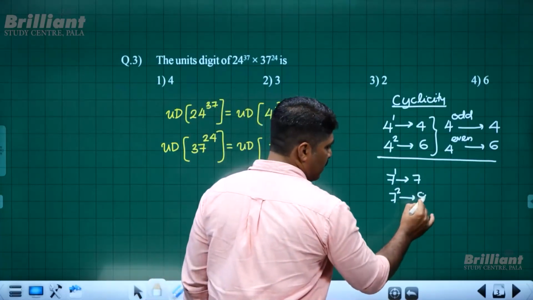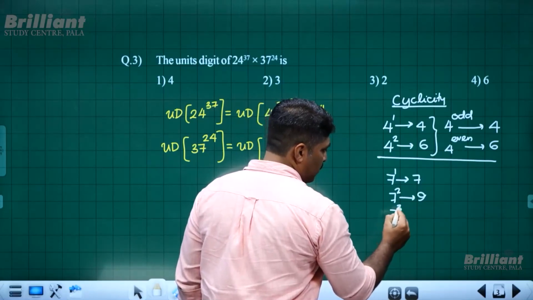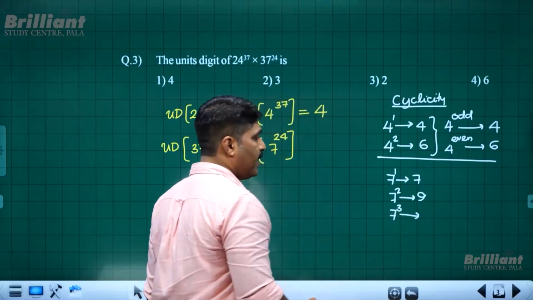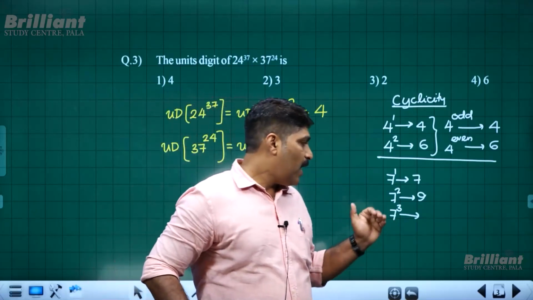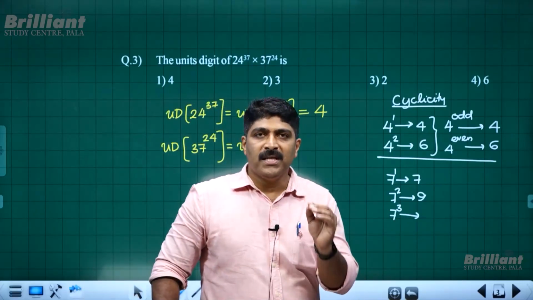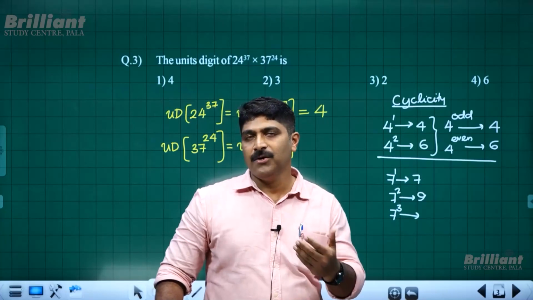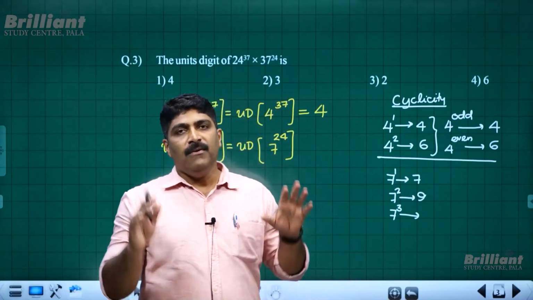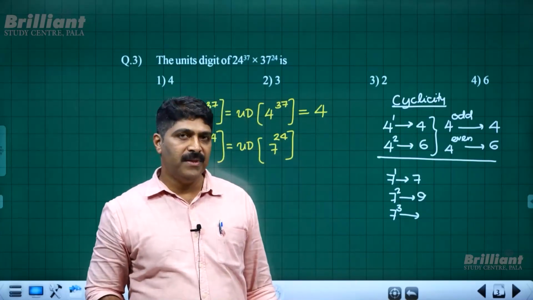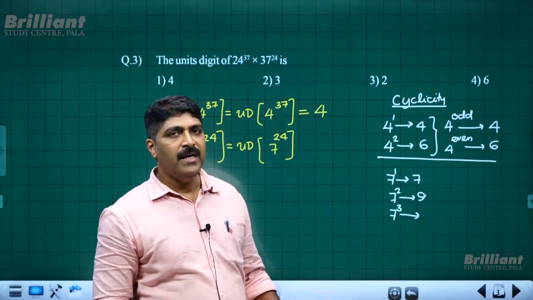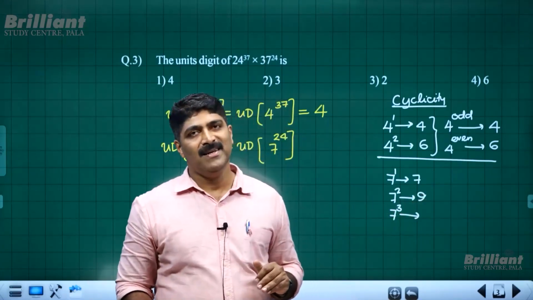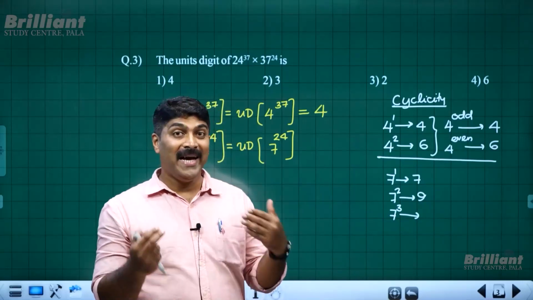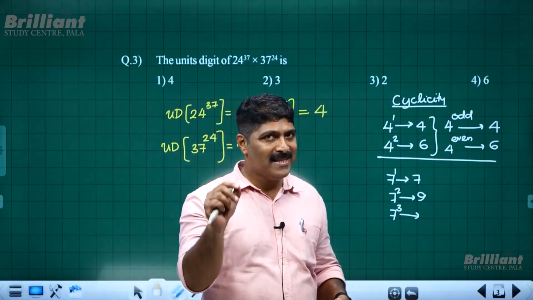So 9. 7 cube. I will teach you a trick here for finding the unit digit quickly. Either you recall the value of 7 cube, which we know is 343. If you forgot the cube of that value, don't worry. You simply multiply this 9 by 7. 9 into 7 is 63.